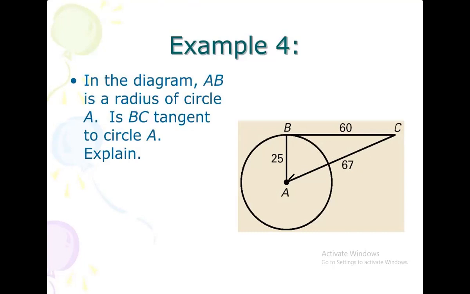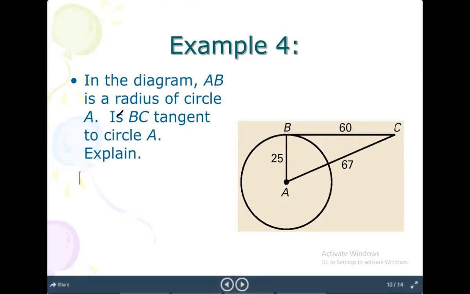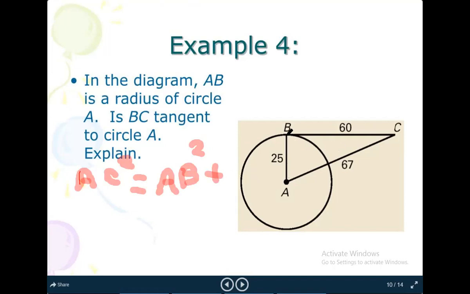So we want to prove that the square of the hypotenuse equals the sum of the squares of the other two sides, which means we want to prove now that AC to the power of 2 equals AB to the power of 2 plus BC to the power of 2.